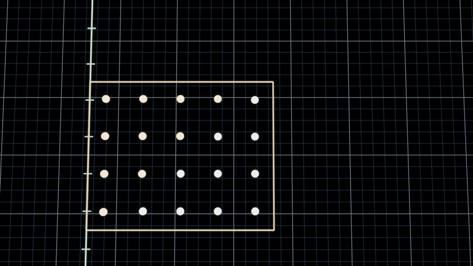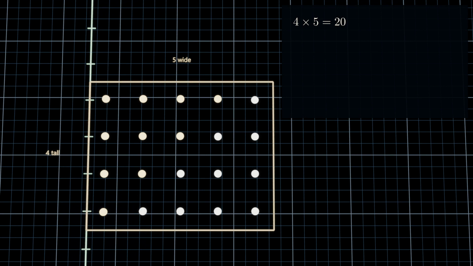You get a rectangle, 4 dots tall and 5 dots wide. 4 plus 1. A rectangle 4 by 5 holds 4 times 5, 20 dots. 2 staircases made it, so one staircase is half of 20. 10.